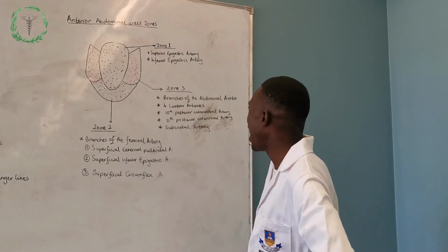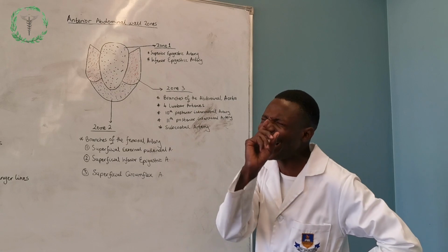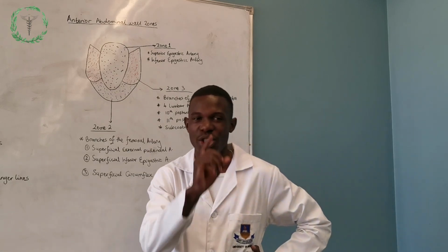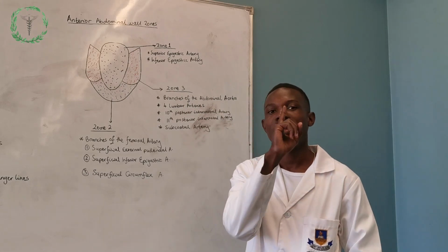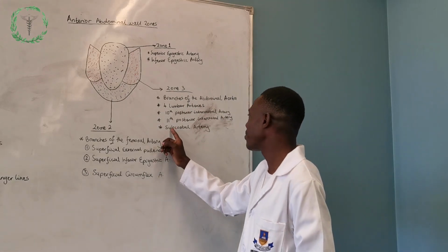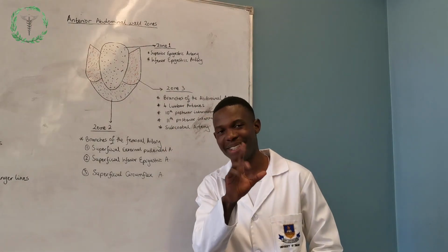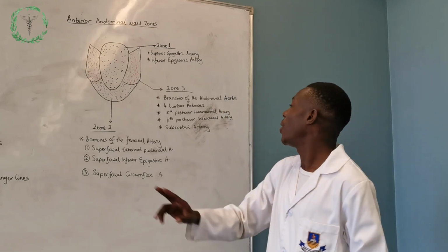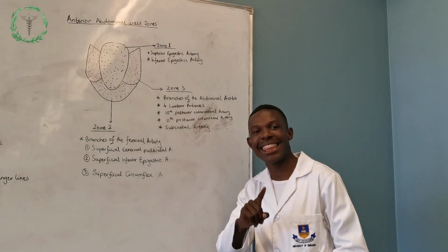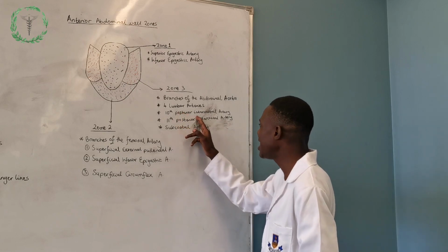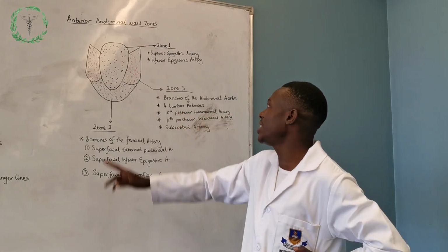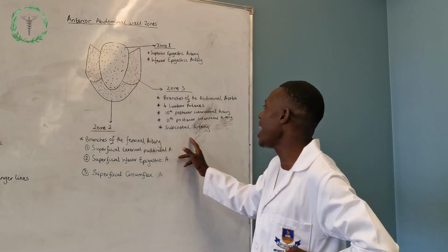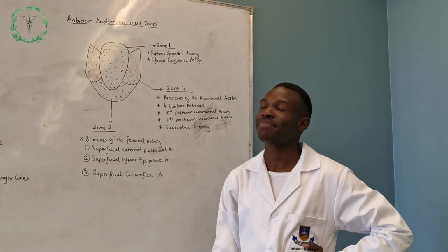As well, we also have 2 intercostal arteries, the 10th and 11th. The 12th artery is not an intercostal artery. So we are going to have the 10th and 11th posterior intercostal arteries supplying the lateral aspect, which is zone 3, as well as the subcostal artery.